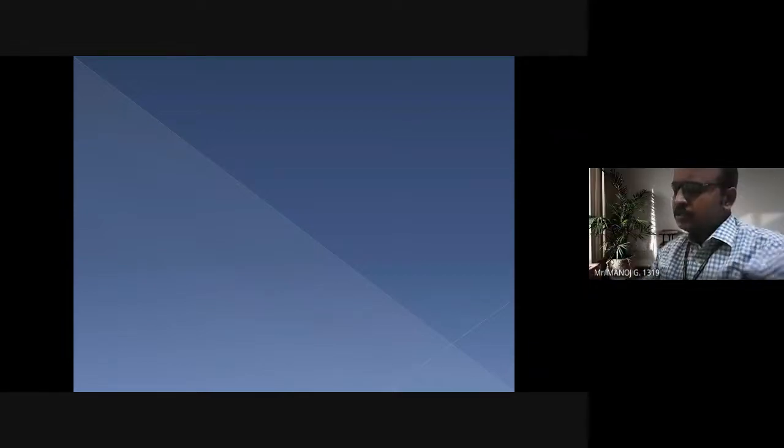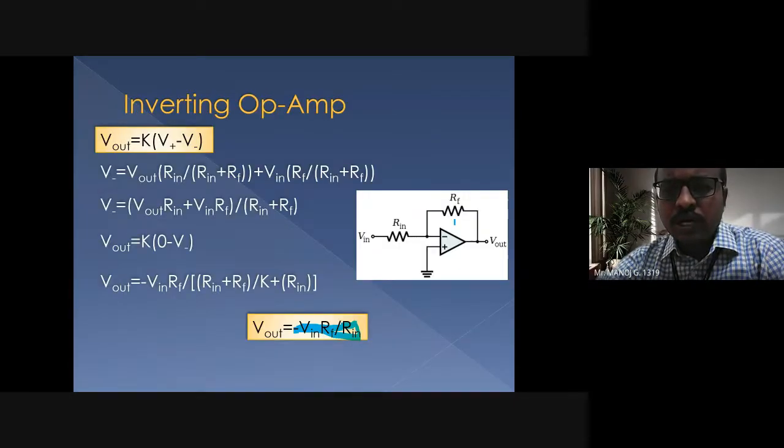Yeah, minus. Go ahead, Ashwin. Sir, minus R1 by Rin. Look at the circuit. This is RF by Rin, right?